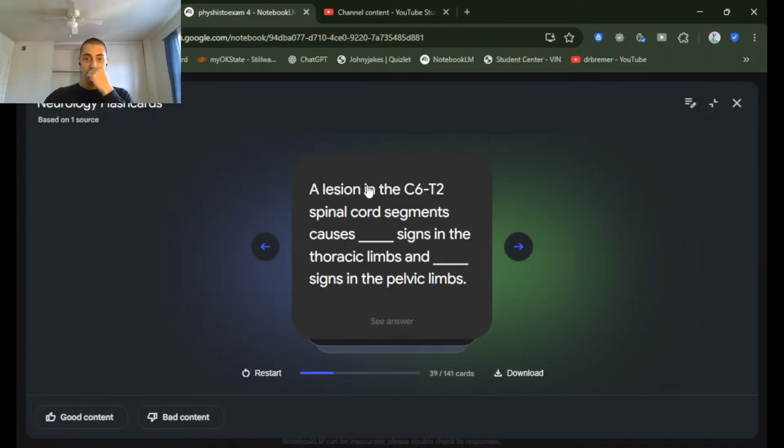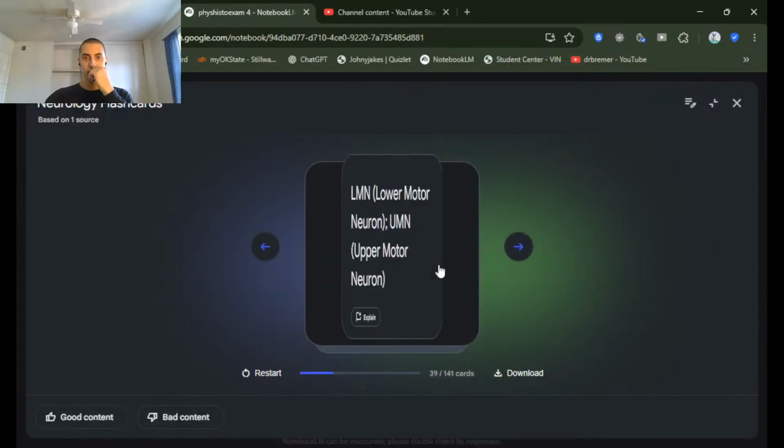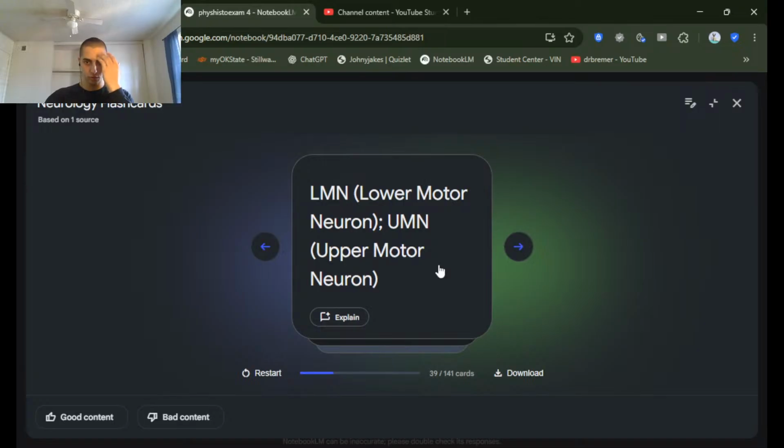Okay. C6 to T2 causes upper motor neuron signs in the thoracic limbs and lower motor neuron signs in the pelvic limbs. No, it's reversed.